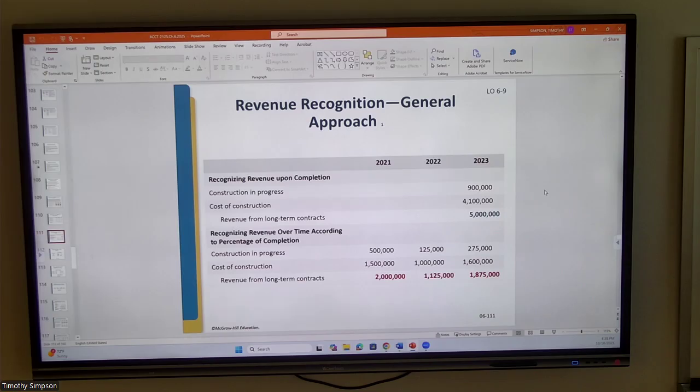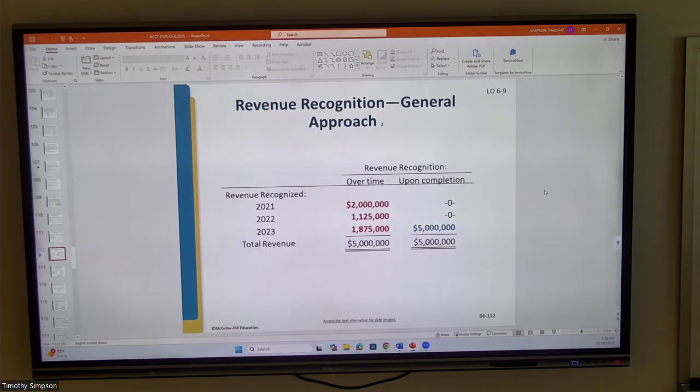And so really, if you're a public company or any company for that matter, it's going to be a distortion of what the performance is going to be if you use that top method there. So the percentage of completion method is the best way to go. Now, obviously, and I think I alluded to this a second ago, they're both going to get to the same place. But we can say this about a lot of things in financial accounting. We can talk about different inventory methods and say, well, FIFO and LIFO will in the end get you to the same place.